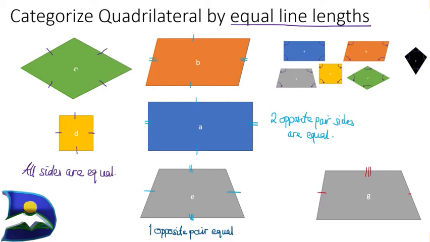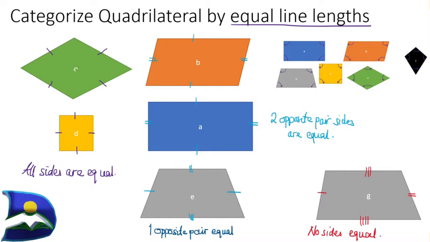So this leads to the conclusion that in this particular case we have categories of equal length sides: all sides equal, versus two opposite pairs of sides equal in length, versus one opposite pair of sides equal, and none of the sides equal to each other. And this is the conclusion for the equal length of a particular quadrilateral.